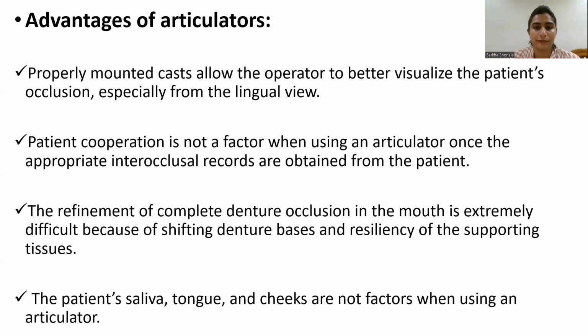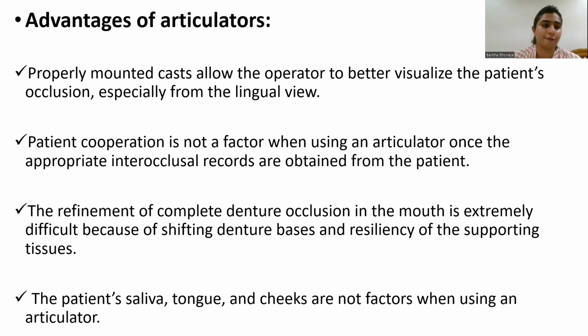Patient cooperation is not a factor when using an articulator once the appropriate interocclusal records are obtained from the patient. So every time you have to work, you have to call the patient, you have to make the patient wait, and then you have to do all the necessary steps for fabrication of a prosthesis. So it takes a lot of time, energy, and effort from the patient's side.